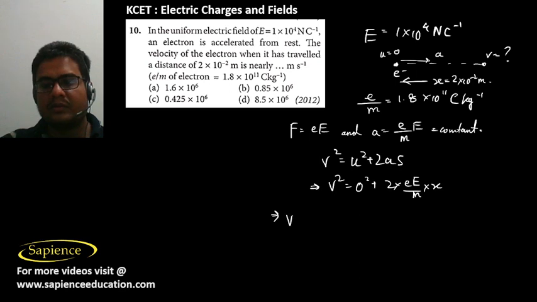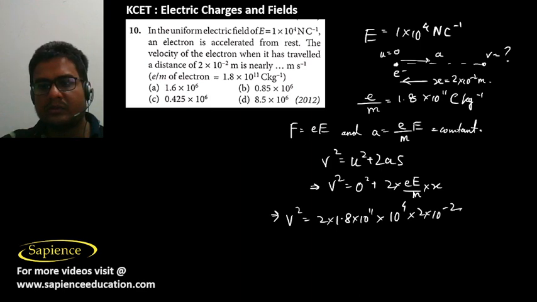Therefore, v square will be 2 into e by m, that is 1.8 into 10 power 11, into E, that is 10 power 4, into x, that is 2 into 10 power minus 2. So v square will be 0.8 into 10 power 11 plus 4 minus 2, that is 13.